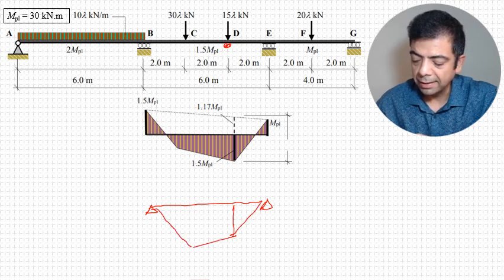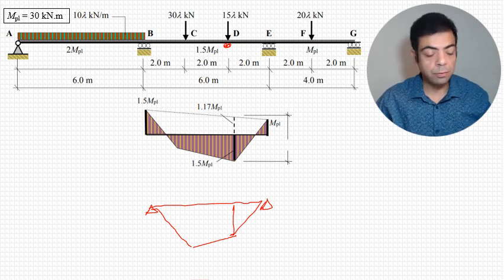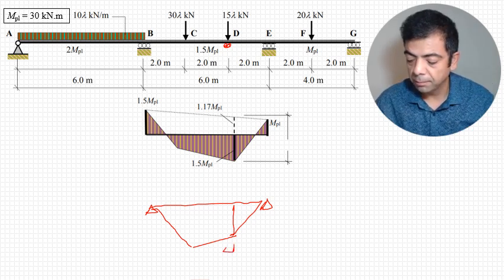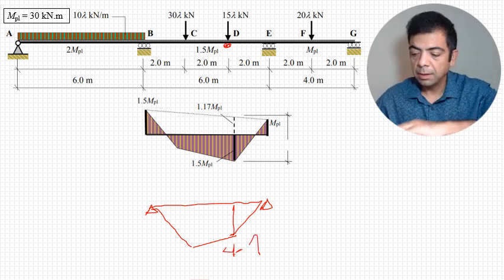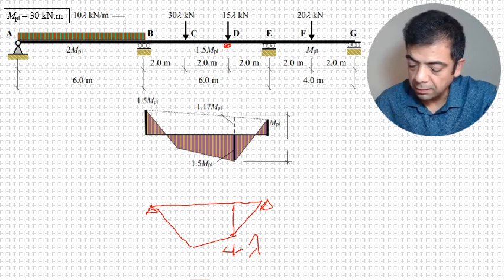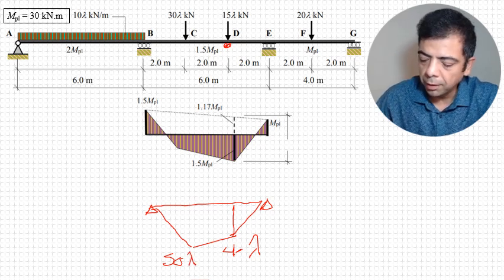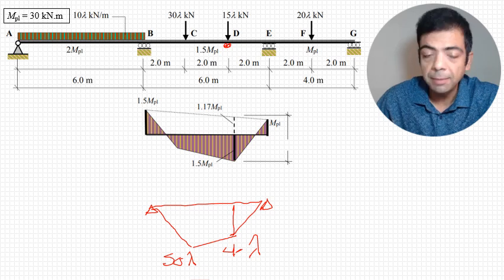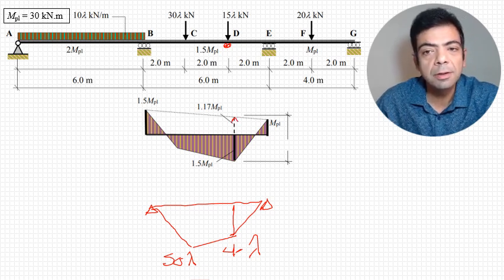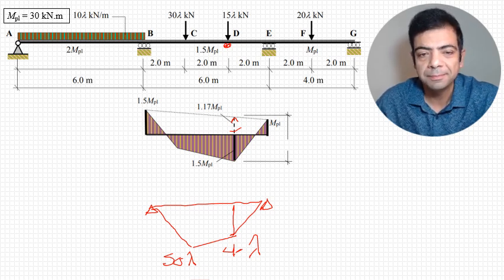And we realize that this magnitude was 40 lambda, and this magnitude was 50 lambda. Now, we need to figure out how much is the distance from the dotted line to the beam. If we do the similar triangles, we will realize it's 1.17 M plastic.